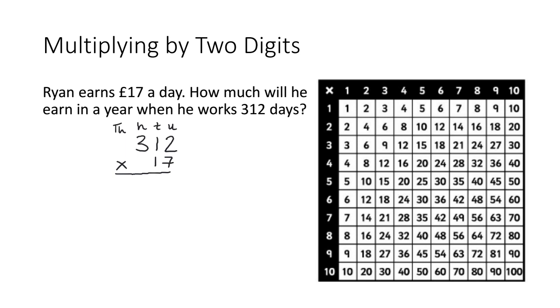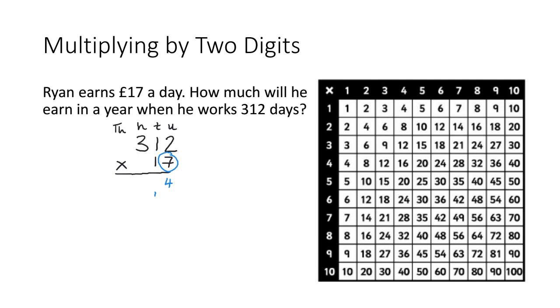The first thing I'm going to deal with is the 7. And I'm going to carry out the multiplication just like I would if it was a single digit one. So I would do 7 times 2, which gives me 14. Remember, at the back of your jotter, you should still have your multiplication square.